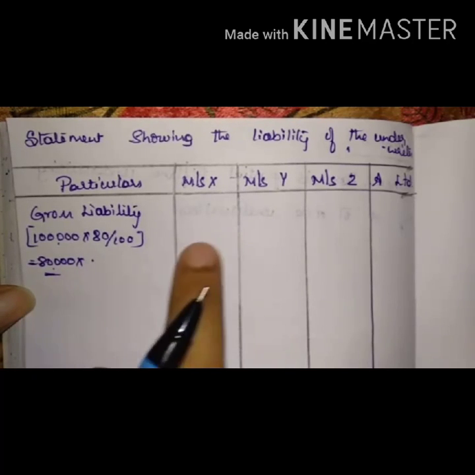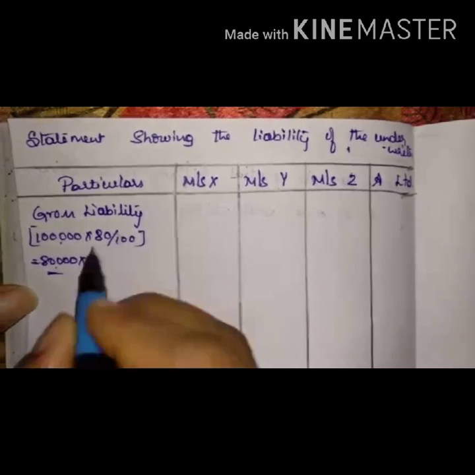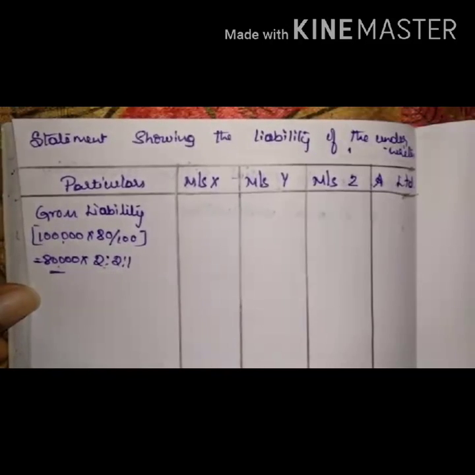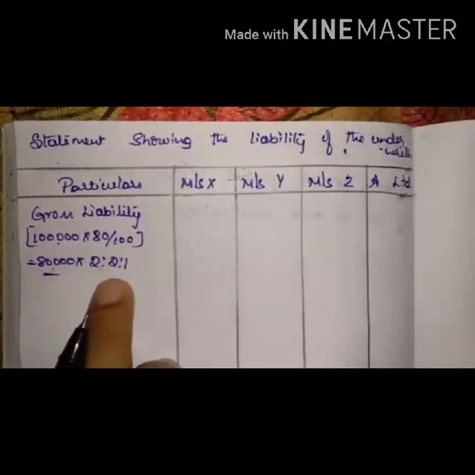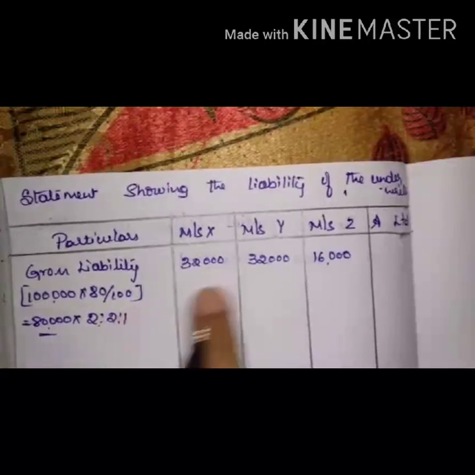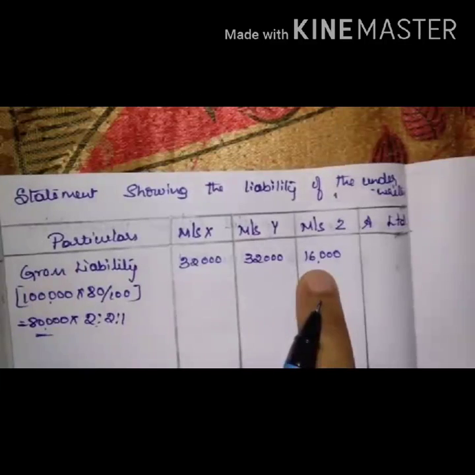So what is the underwriting given by each of the underwriters we have to calculate. For that we require the ratio, and that ratio is given in the problem, that is 2:2:1. 80,000 into 2 by 5, 80,000 into 2 by 5, that is 32,000. 80,000 into 1 by 5, that is 16,000.